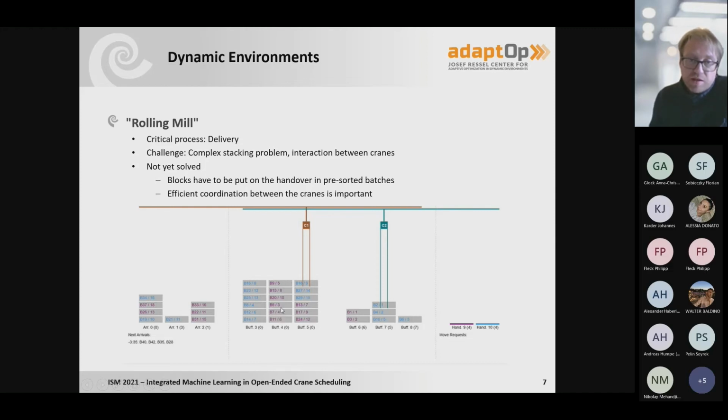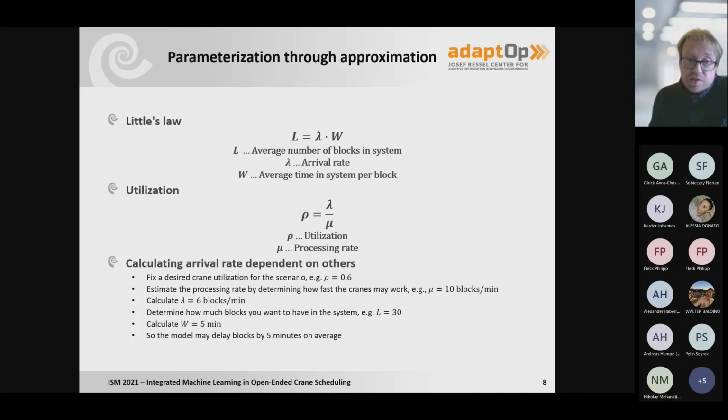So the block ID is trivial, of course, but the sequence in which they should be removed and so on. And this is something that the dynamic environment needs to decide and needs to parameterize. And there are a lot of parameters for these kind of things, and stochastic distributions that you have to take into account.